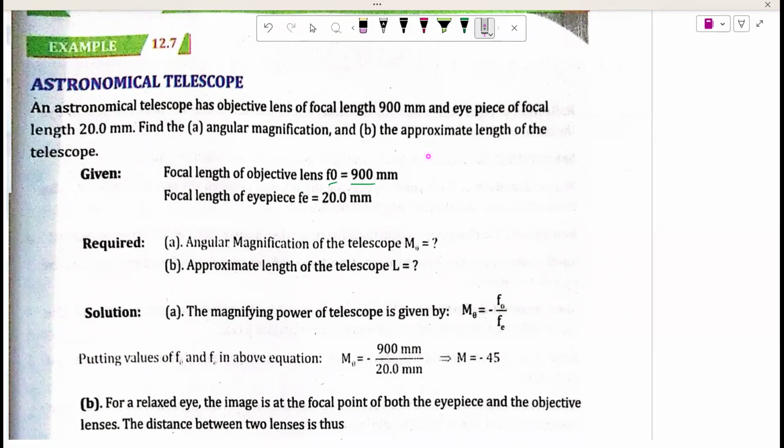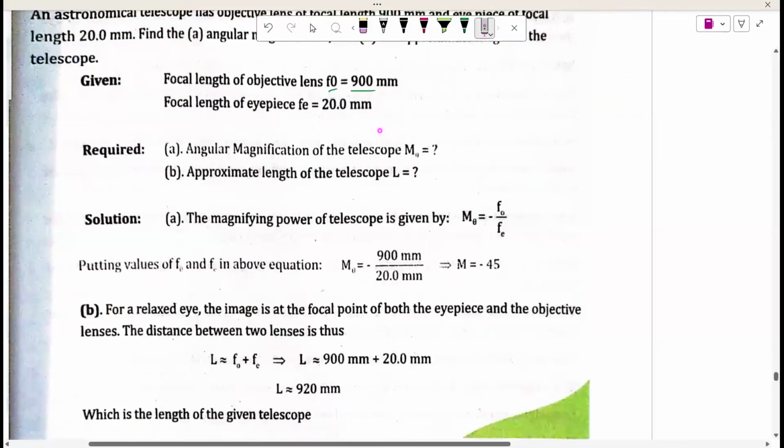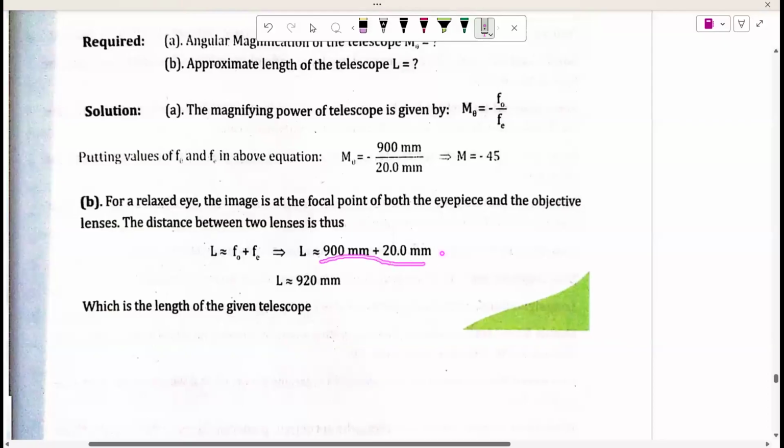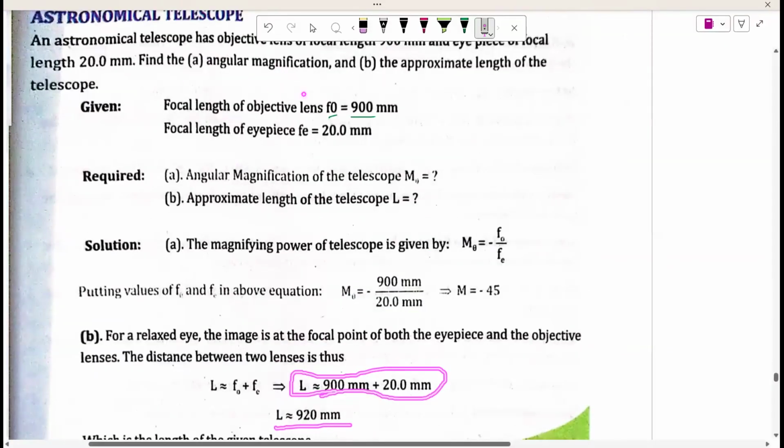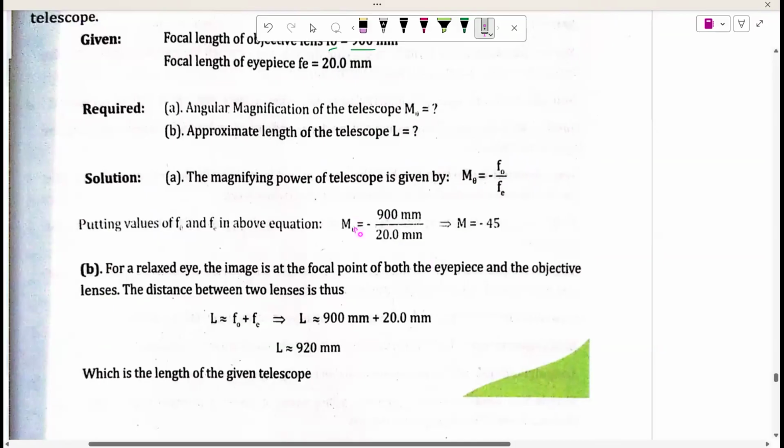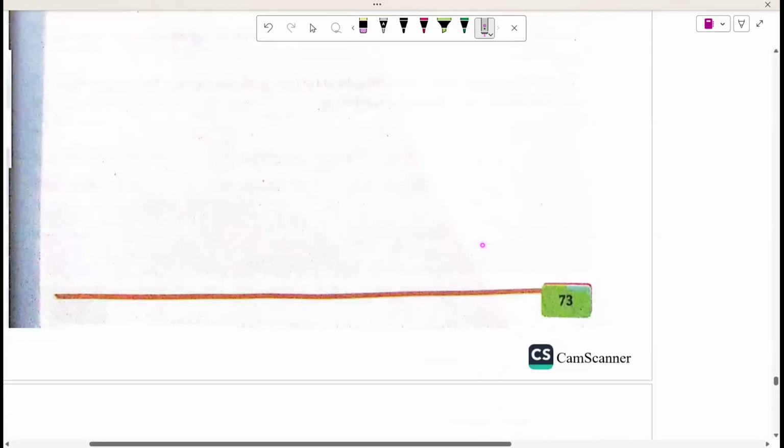It would be equal to the sum of the focal lengths of the objective lens and eyepiece, because that is the total distance of the telescope. तो अगर हम इन दोनों की focal lengths को add कर देंगे, we'll find out the length of the telescope. और उन्होंने किया भी होगा. हाँ, ये length of the telescope निकल आई 920, simply उनको add कर दिया. But magnification का formula लगा के हमने telescope की वो find out कर लेनी है, focal length of objective और focal length of eyepiece. Answer came out to be -45.